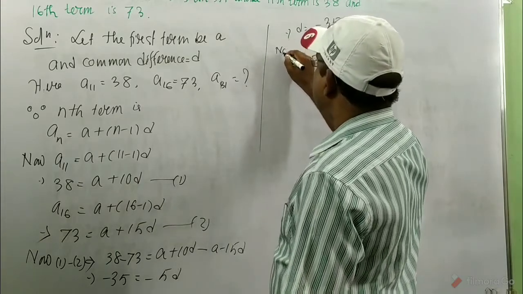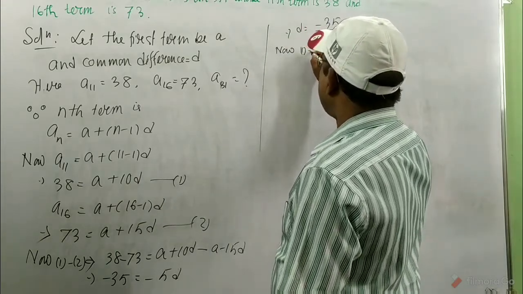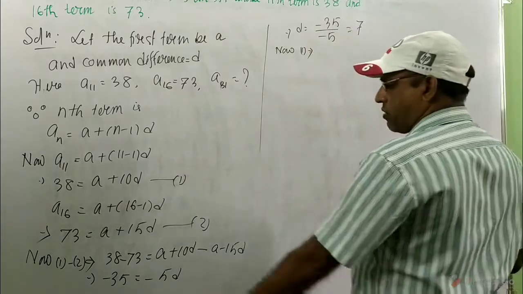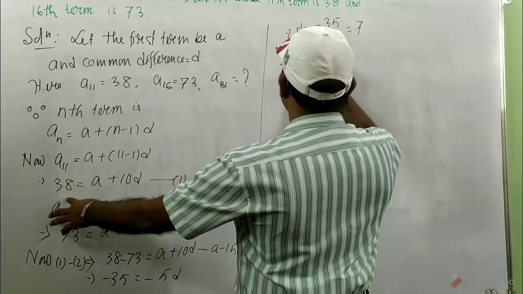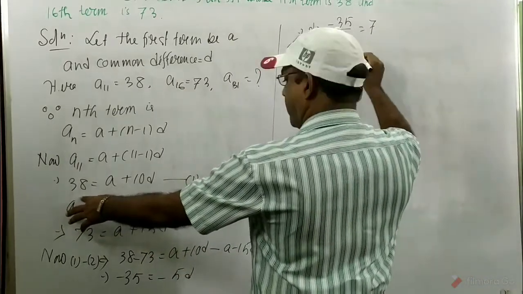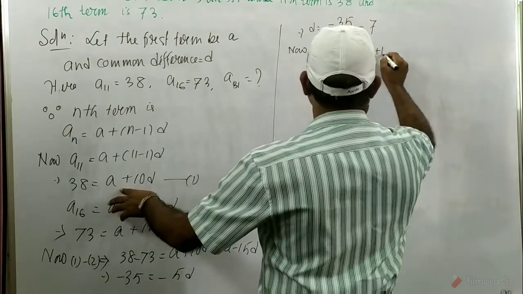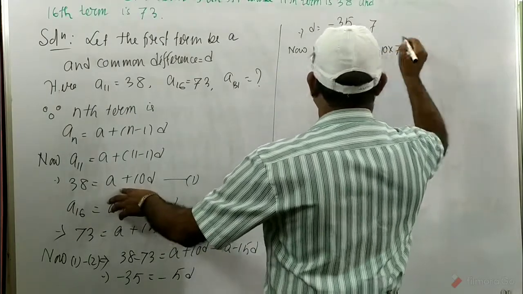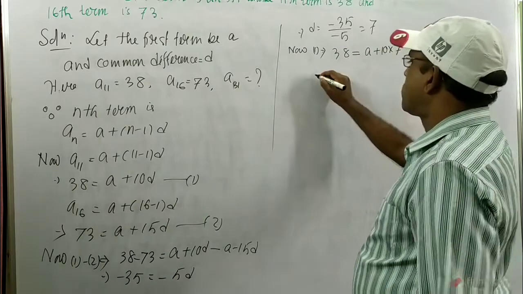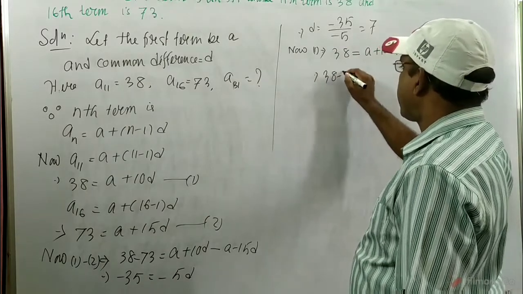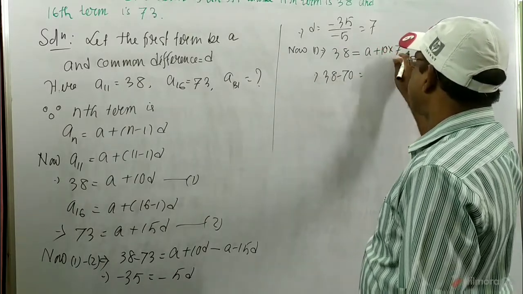So 38 equals a plus 10 into 7, which is 70.